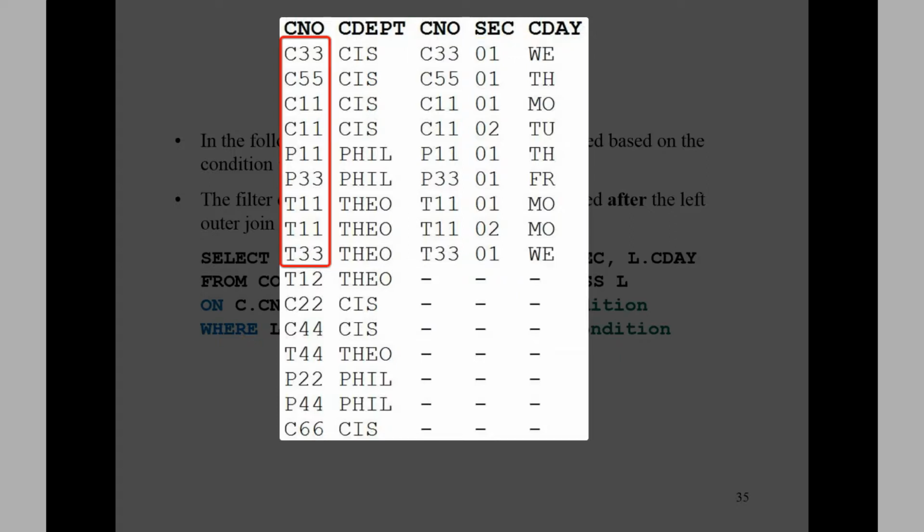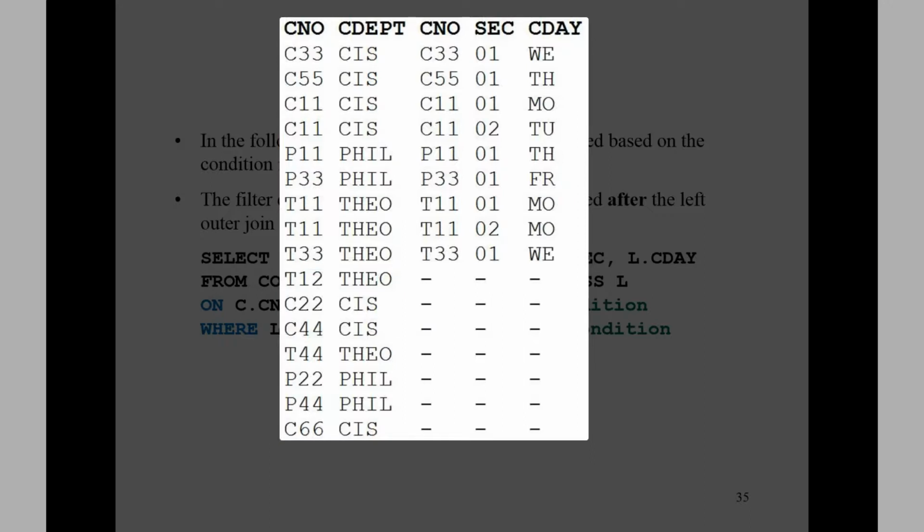There are 7 different CNO values found in the class table. This means that 7 of the 14 rows in the course table will not find a match in the class table. This is where we get the additional rows of the outer join. Thus 9 plus 7 equals 16, which is the cardinality of the result table for our outer join with no filters applied.